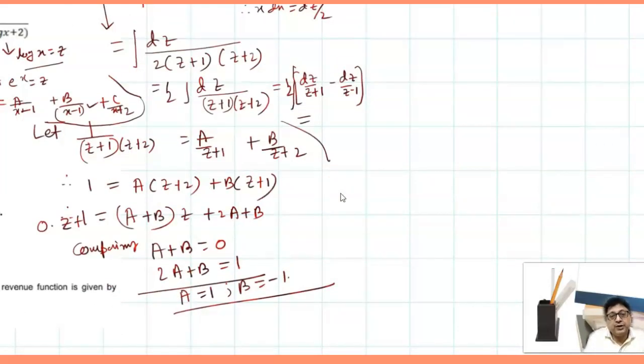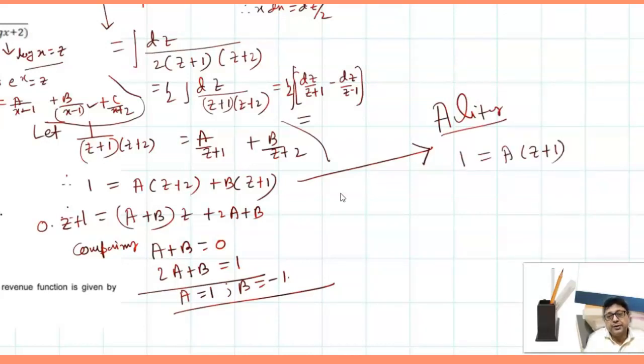So when you have got this equation, you can start from here, this alternative method, that you write 1 equal to a into (z plus 2) plus b into (z plus 1).